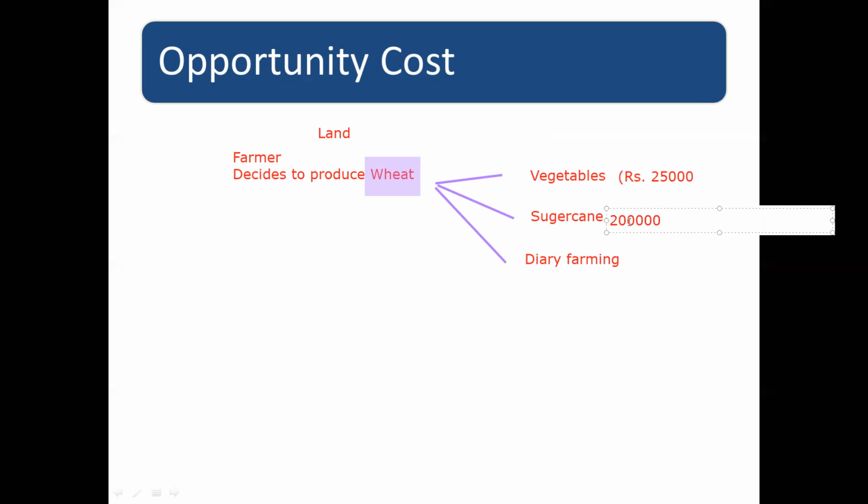That is the estimated return from producing sugarcane. And with dairy farming, by using the same piece of land and other inputs, he would have earned return कहते हैं उसको, he would have got a return of say 40,000.